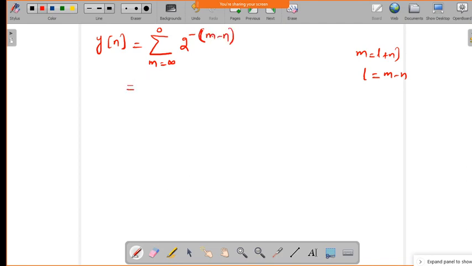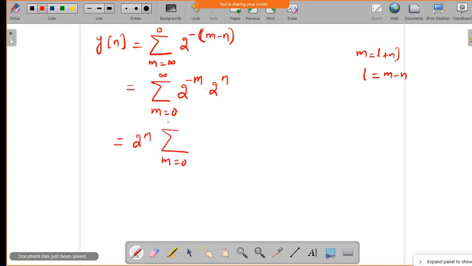I can write it as the summation m from 0 to infinity of 2 power minus m into 2 power n. Now I'll take this 2 power n outside the summation, with m varying from 0 to infinity.